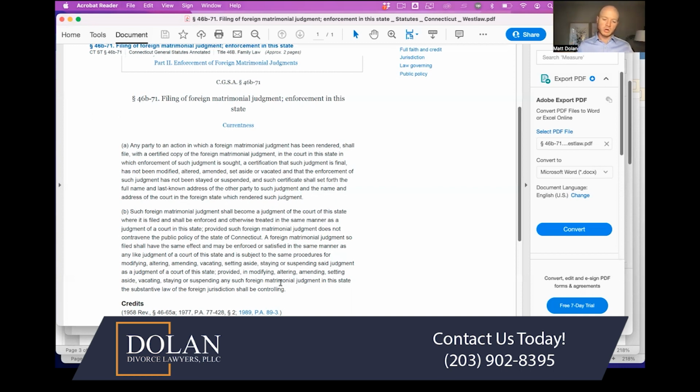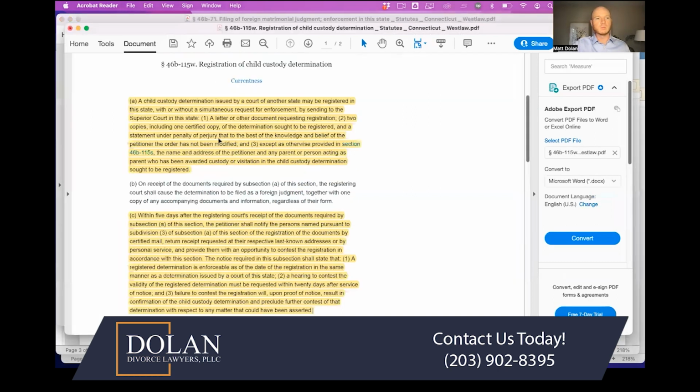In determining the Connecticut child support order, they're going to apply the substantive law of Michigan. So they apply the child support laws of Michigan in determining what the new Connecticut child support order would be. That's the relevant statute that deals with registering a foreign divorce judgment.